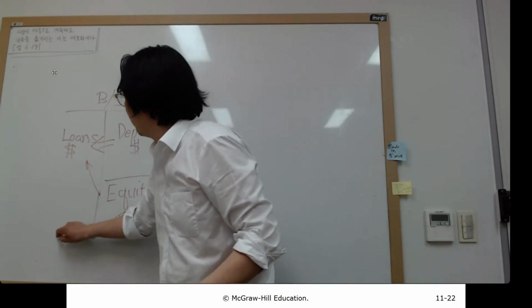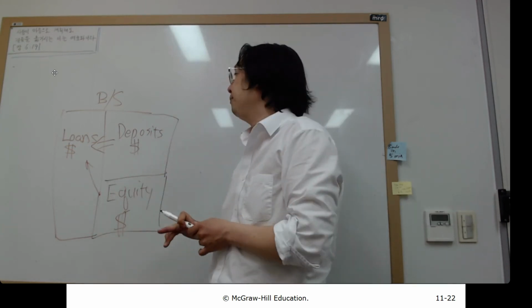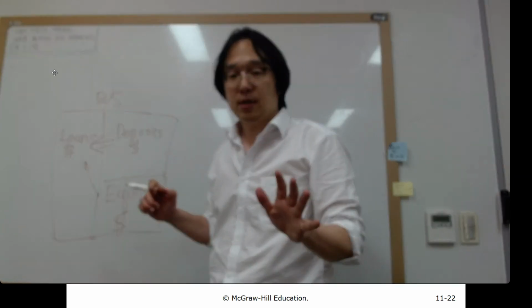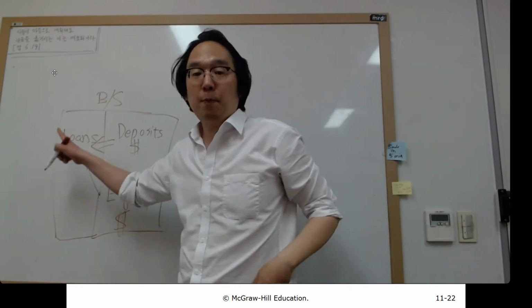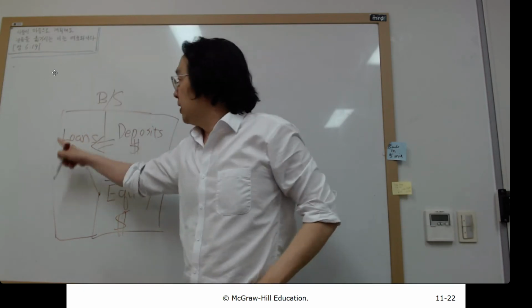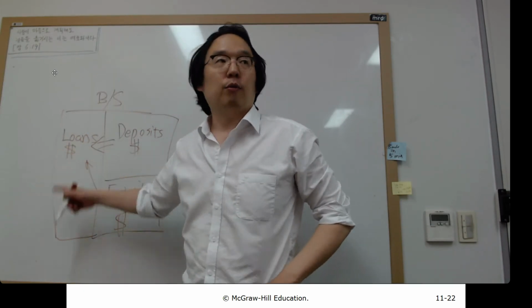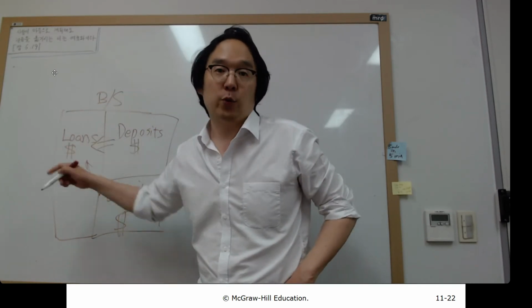Here, let's say 100% of your business is loan business. Okay? The thing is, depending on the business cycle, the market value of loan, or the value of loan, will fluctuate.